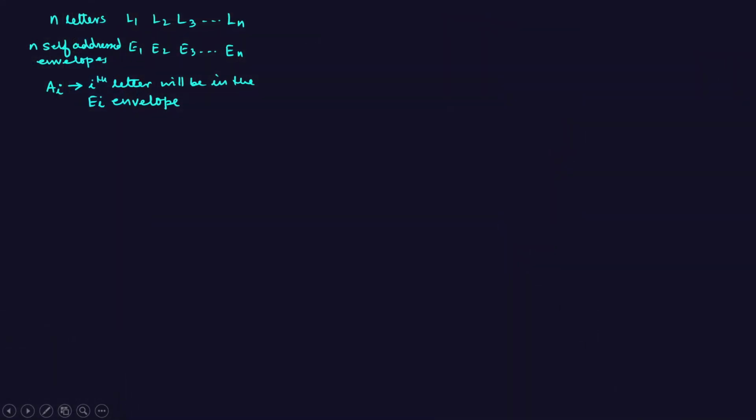Ai means the ith letter will be in its right envelope, which is Ei. If I say A1, it means the first letter will be in envelope E1. If I say A5, it means the fifth letter will be in its right envelope E5. Is it clear?